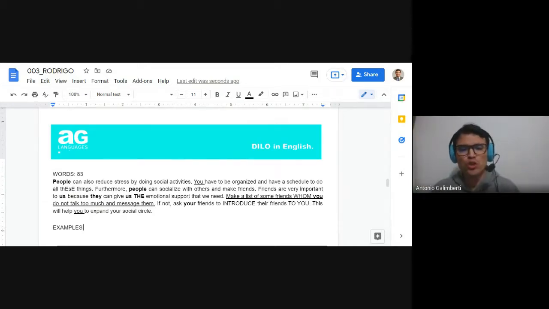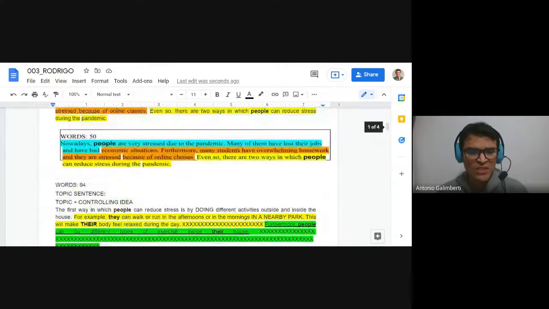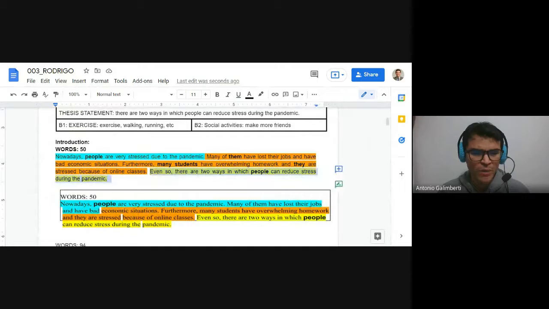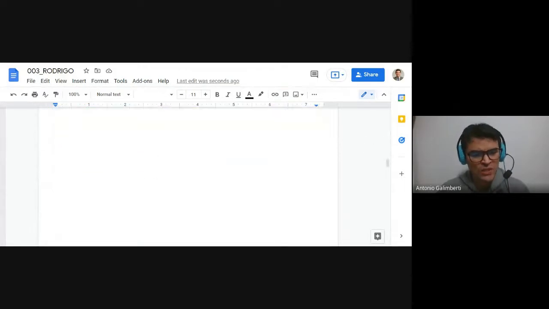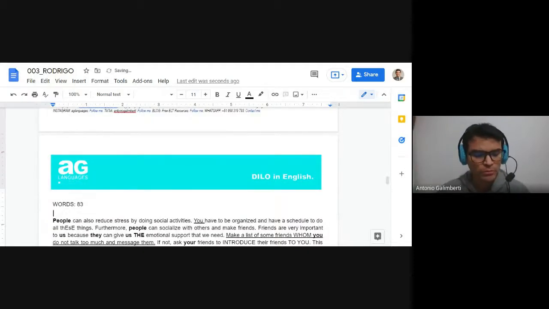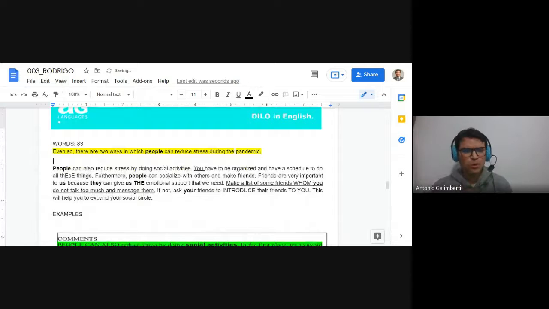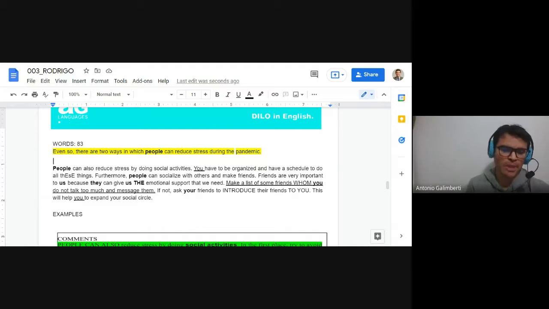So every time that you write a paragraph, you have to have in mind the thesis statement. The thesis statement allows you to remember what you should be aiming at. All right. Look at the thesis statement in yellow. It says, even so, there are two ways in which people can reduce stress during the pandemic.